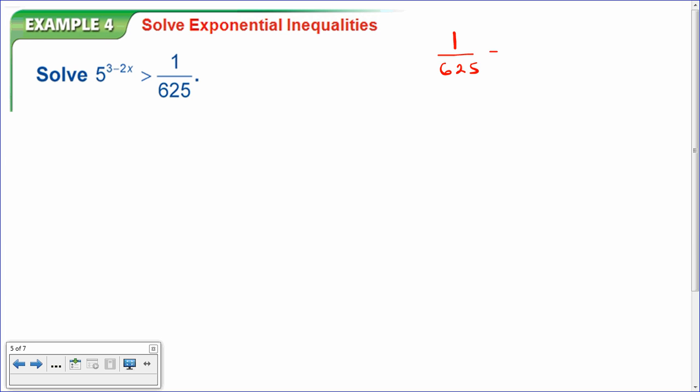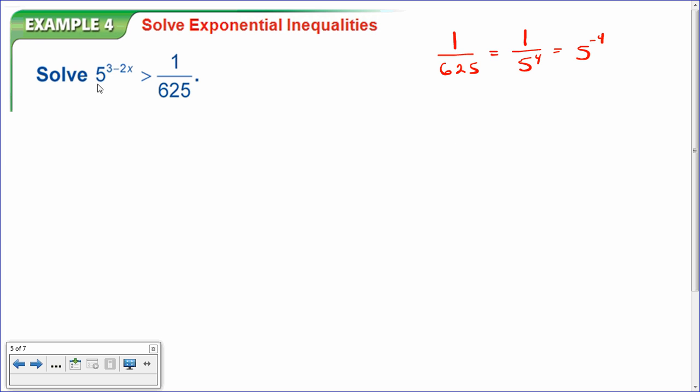Well, 625 is actually going to be 25 squared, which is actually 5 to the 4th power. Alright, so really what we have here is 1 over 5 to the 4th power, remember negative exponents can be written like that.